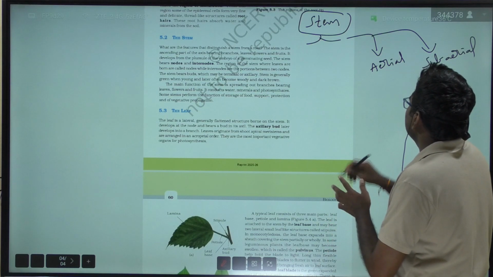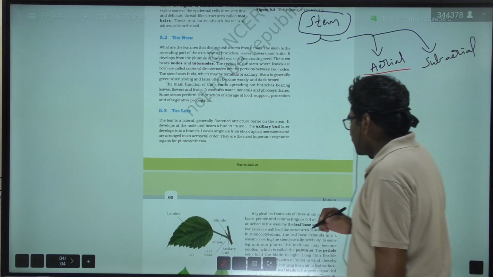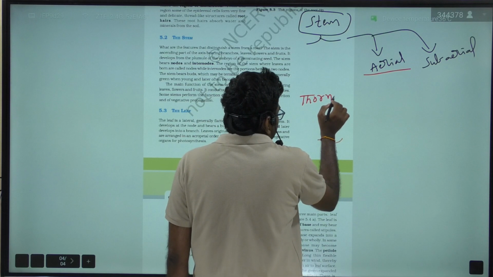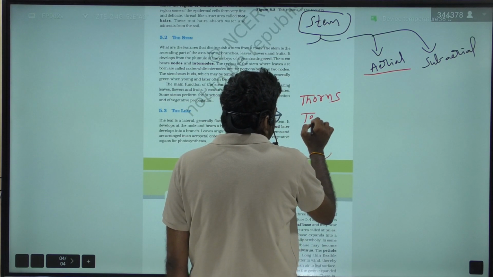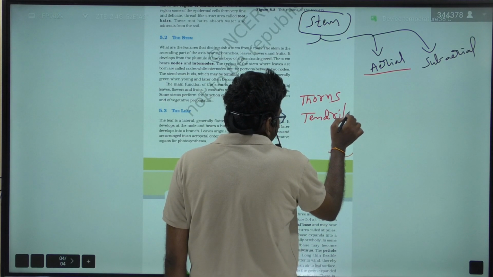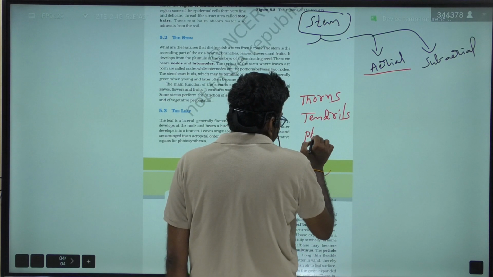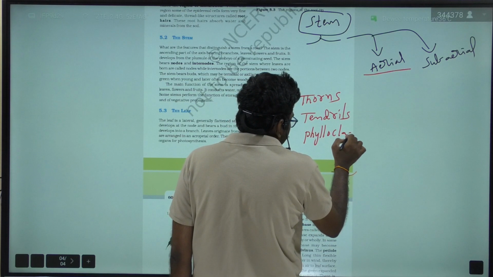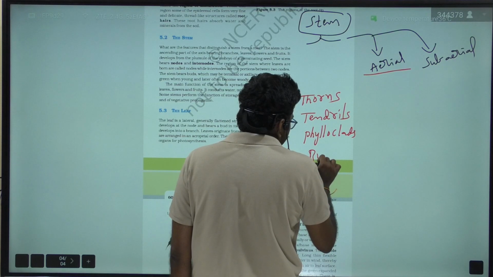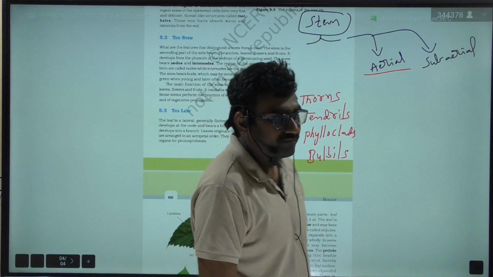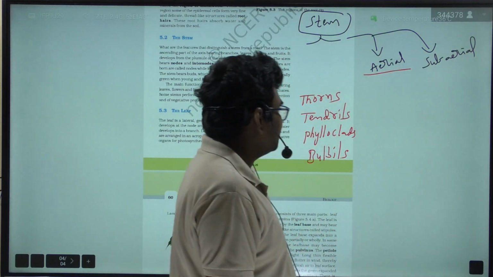So thorns, stem tendrils, phylloclads and bulbils are the examples of aerial stem modification.